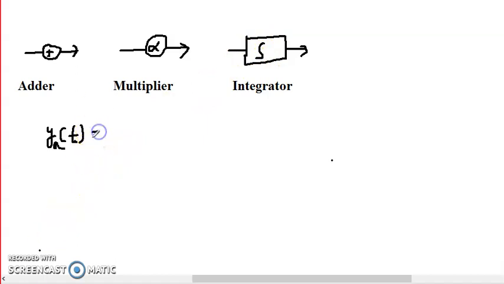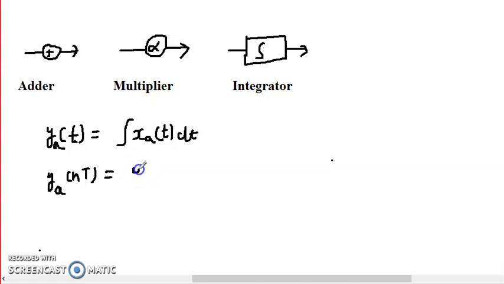Let us suppose y_a(t) is the output of an integrator when the input is x_a(t) dt. Okay, let us suppose this is the output of an integrator, and let us suppose at the instant nT, that is, n times the sampling period T, what will be the output?